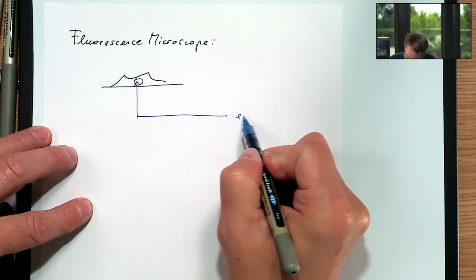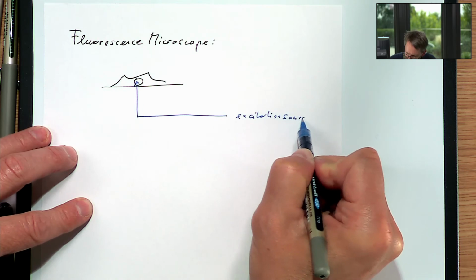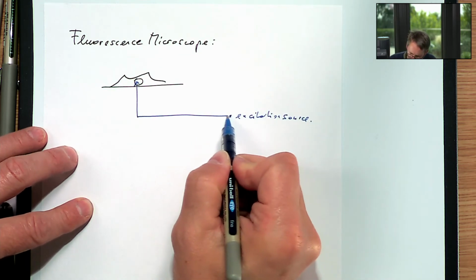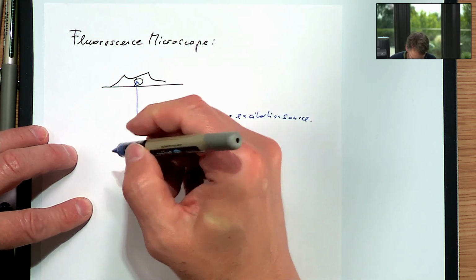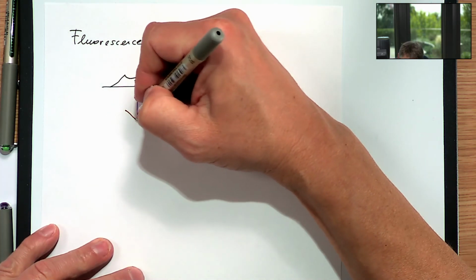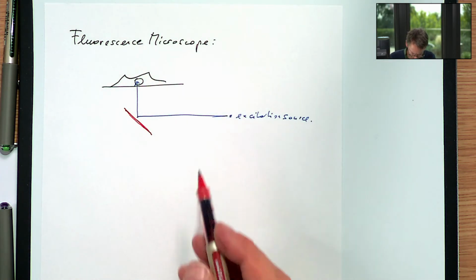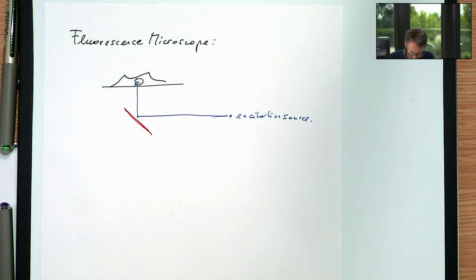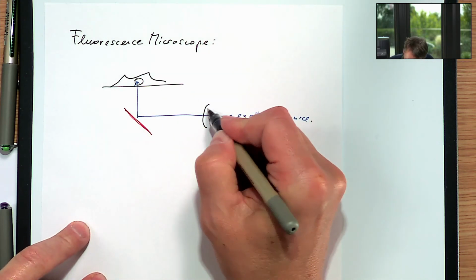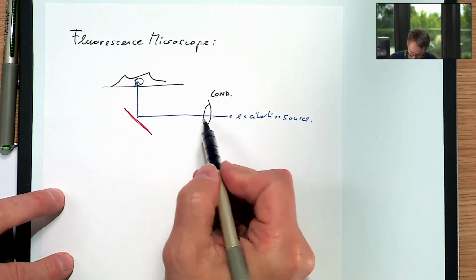So I have an excitation source, a lamp. The lamp throws light onto the sample. I bounce it off a so-called dichroic mirror. I have my condenser lens here. This is the condenser. So the light is focused.